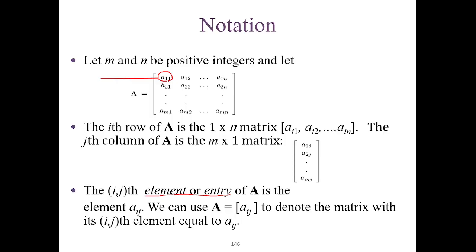So for the index, we will use the ith row and jth column. For example, if we call this entry A12, that means it's in the first row and the second column. So we will use Aij to represent each position of the matrix.